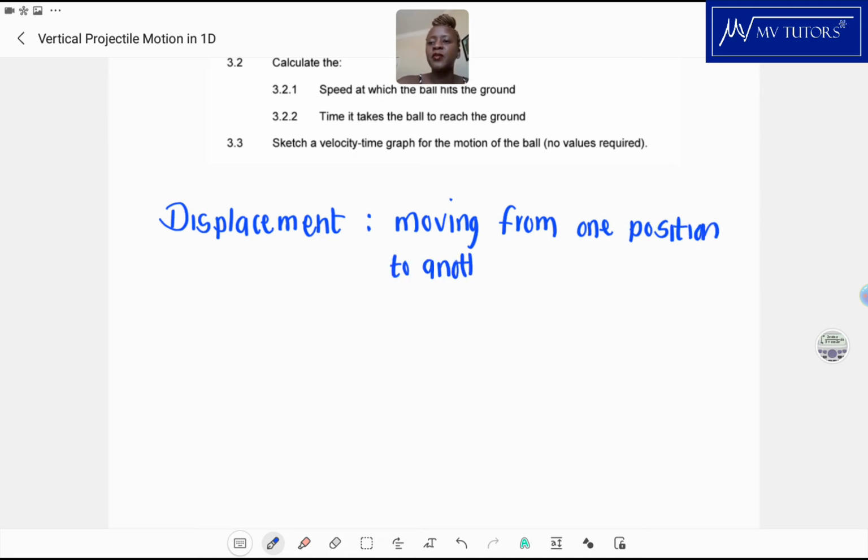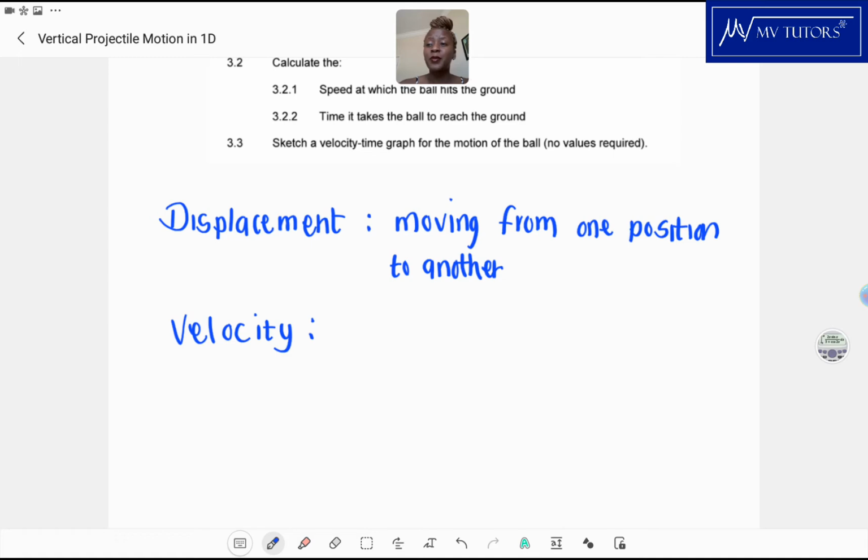Okay, and then we get to velocity. What would that be? If I were to describe that motion from one position to the other, that's basically velocity, factoring in time. If I move from A to B, let's say A to B is 5 meters, and I now look at how long it took me to move from A to B, now we're looking at velocity.